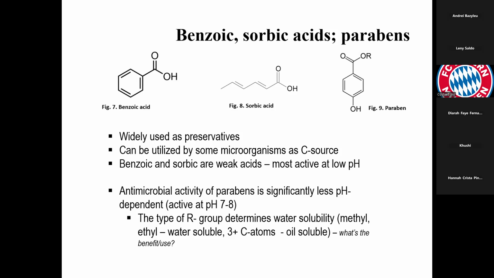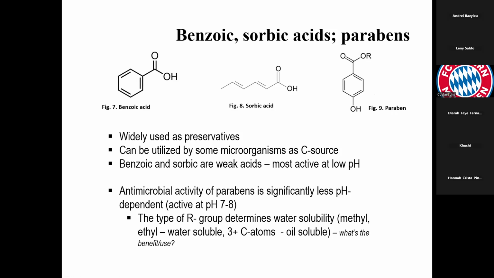The more carbon atoms you have, the less water soluble the chemical is, and the more oil soluble it is. Okay. So with parabens, in the same product you can supply two types of parabens, with few carbon atoms in the side chain and a lot of carbon atoms in the side chain. And one chemical will be water soluble, the other chemical will be oil soluble accordingly, right?